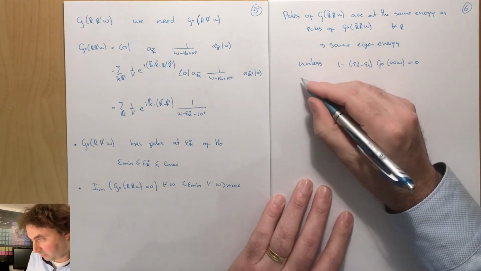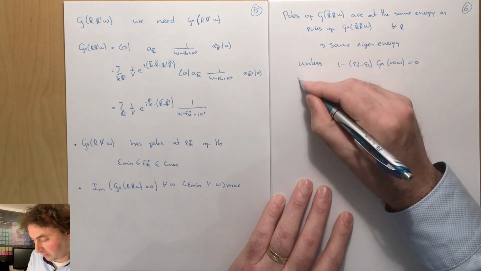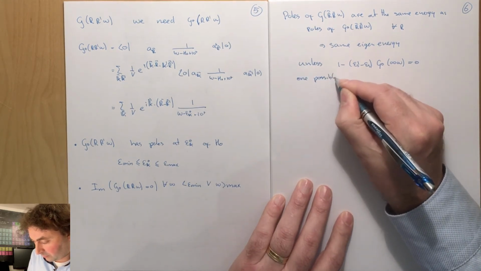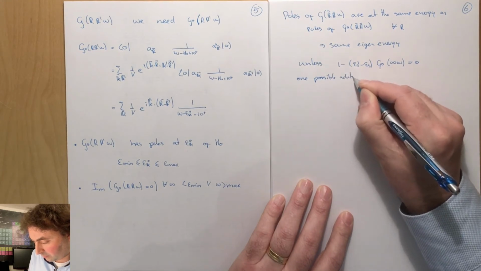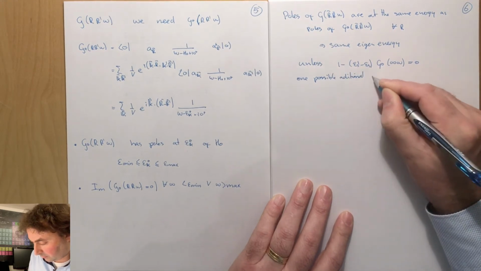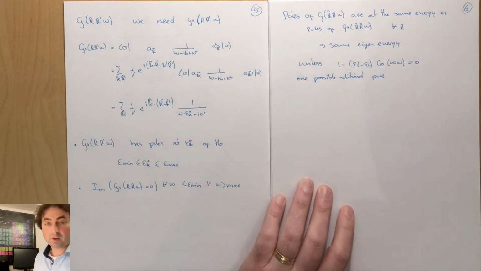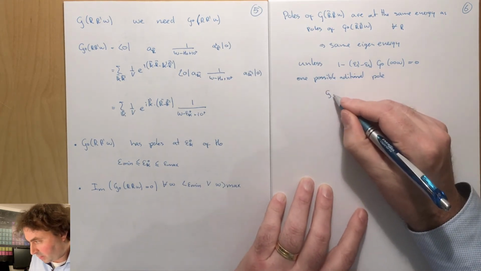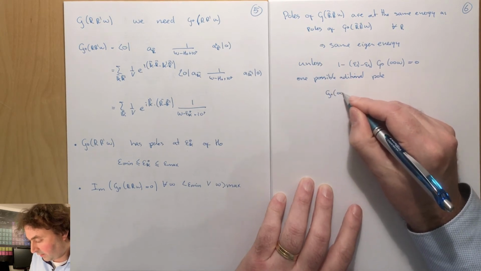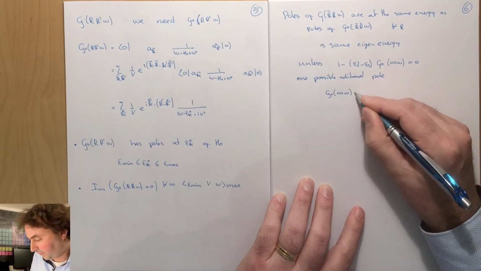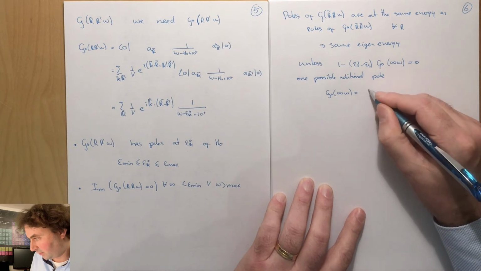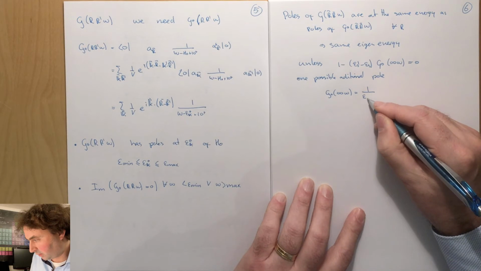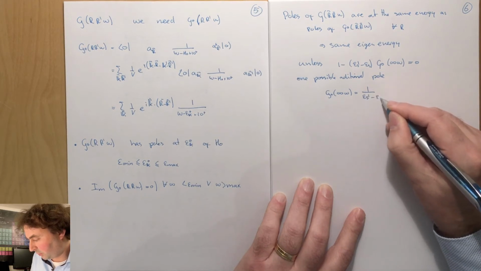So we find one possible additional pole, so we find one possible additional eigenenergy, and the condition to find an additional eigenenergy is that the local Green's function has to be equal to 1 over the impurity potential.